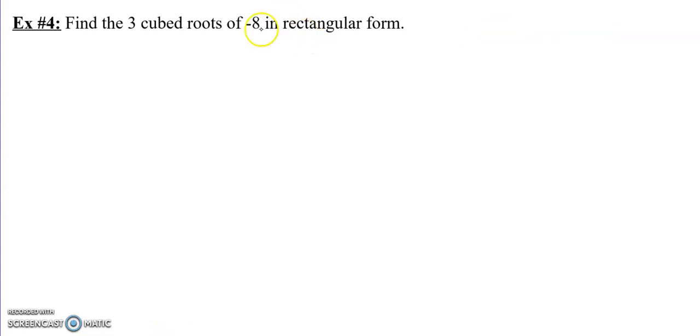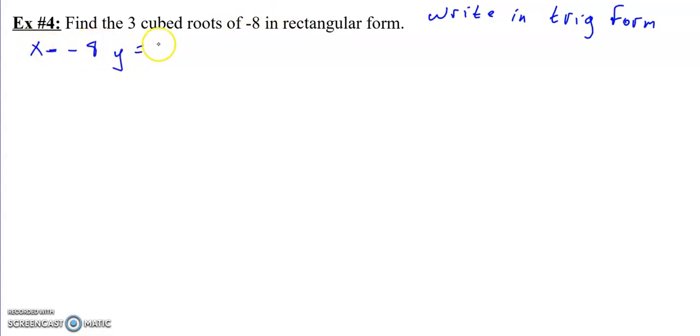Well, the first thing we need to do is write this value in trig form. When I'm looking at my number, we know x is -8, y is 0.